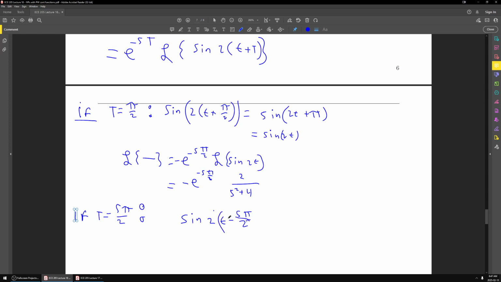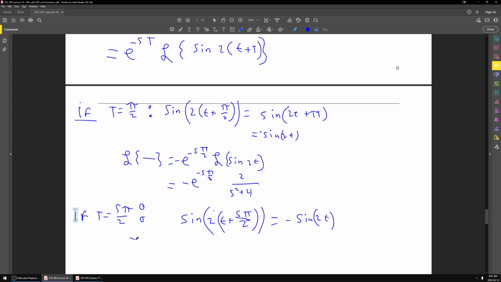I apologize for the bad writing. Notice if I actually plug this in with the plus, I'm going to get sine of 2t plus 5 pi, and 5 pi gets me the same negative sine of 2t.